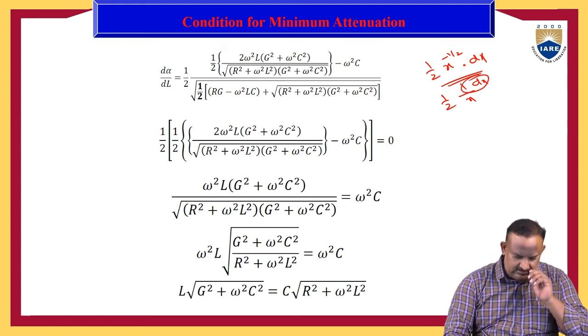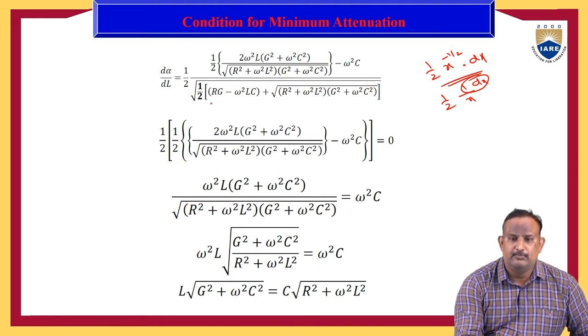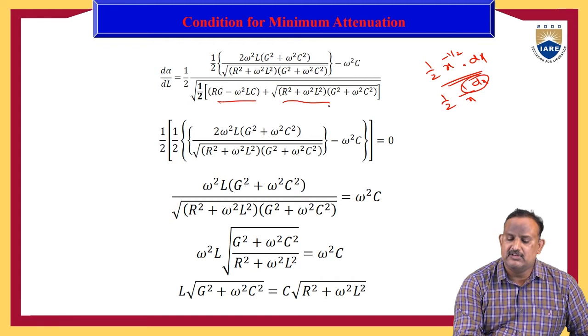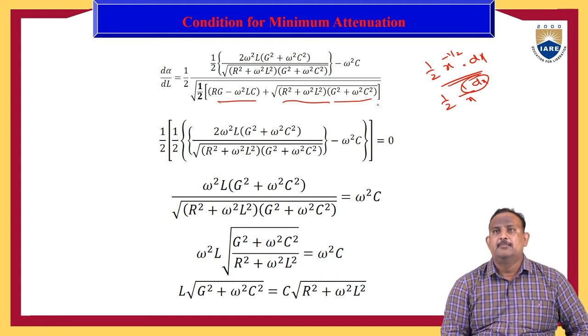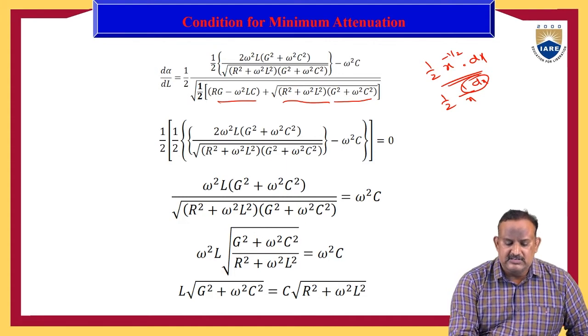Therefore using that formula, it is half into 1 by 2 into Rg minus omega square Lc plus root of R square plus omega square L square into G square plus omega square C square, into the differentiation of this equation again.